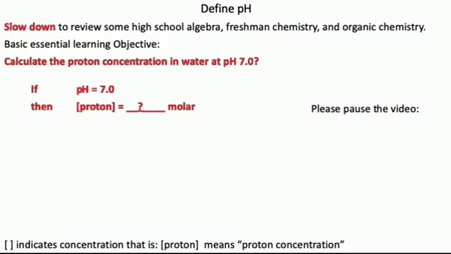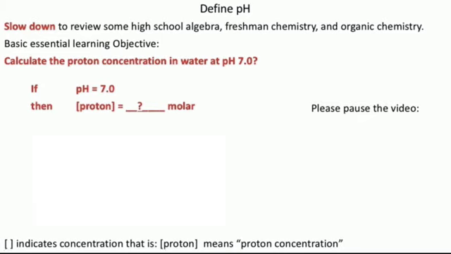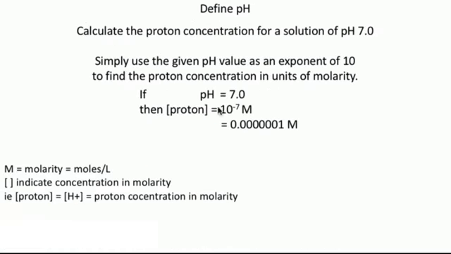That is a fundamental purpose in this preview video, to remind you of these very basic concepts, which really you should absolutely know cold. The simplest thing to say is, if the pH is 7, you simply take the value 7 and make it the negative exponent of 10. That is, the proton concentration at a pH of 7 is 10 to the negative 7 molar.